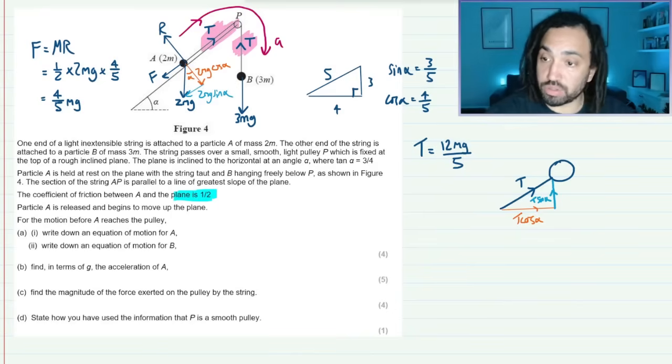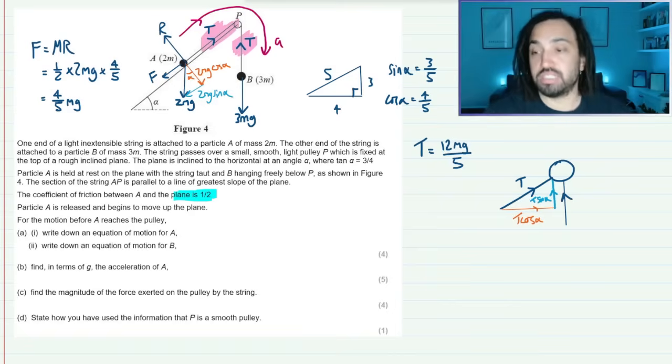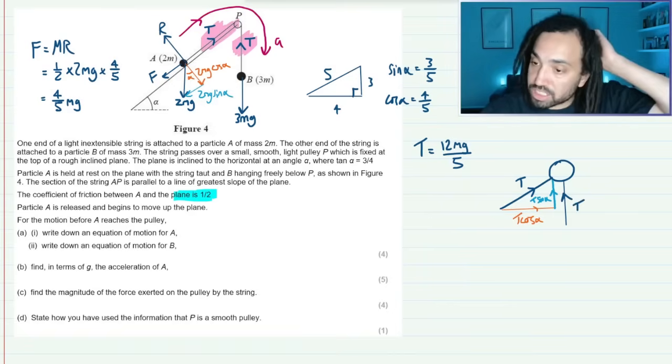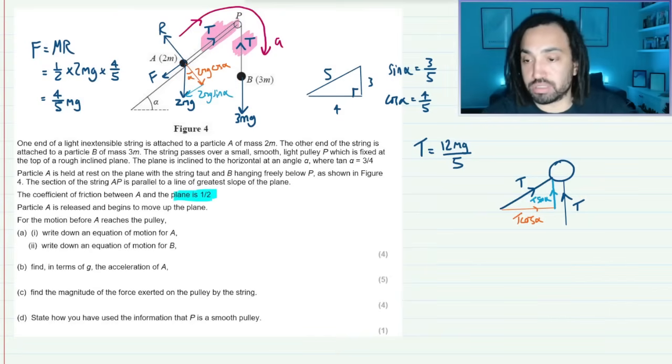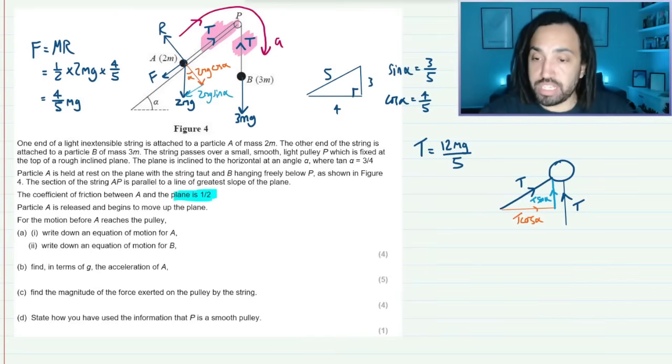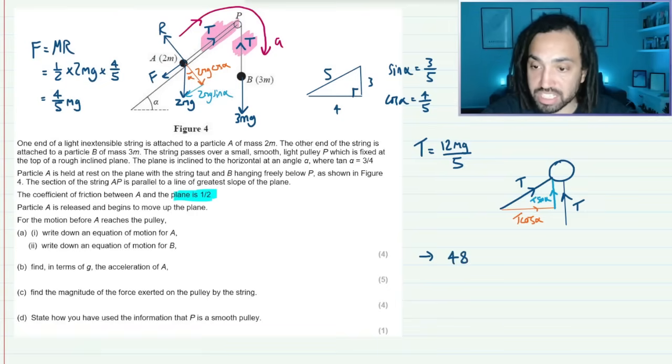And then we've also got this tension coming up like that. And that one's straightforward because that's just vertical, so we can add that up when we take our components. So let's look at the horizontal components. What do we have in total? We've got T cos alpha. Now T we know is 12mg over 5, and cos alpha we know is 4 over 5. So in total that makes 48mg over 25.